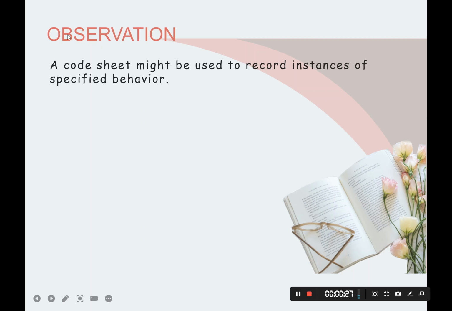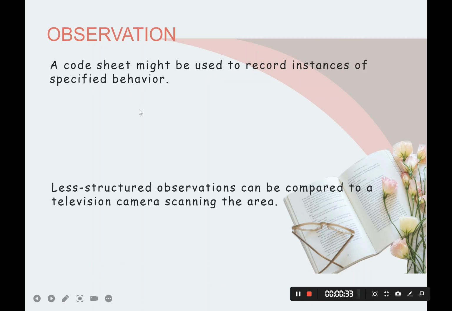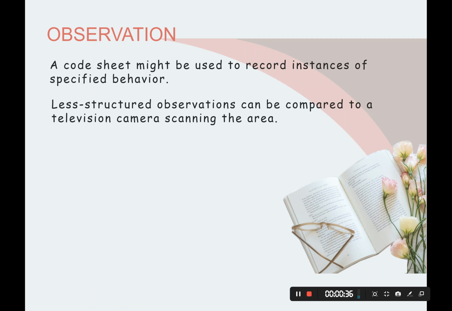Observation is usually related to a code sheet which might be used to record instances of specified behavior. And not every observation will be well structured. Some less structured observations can be compared to a television camera scanning the area.